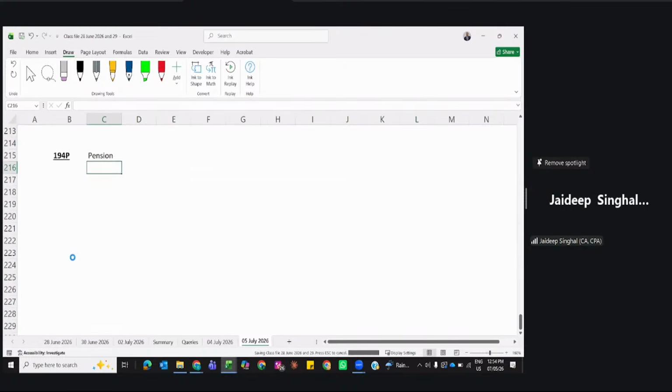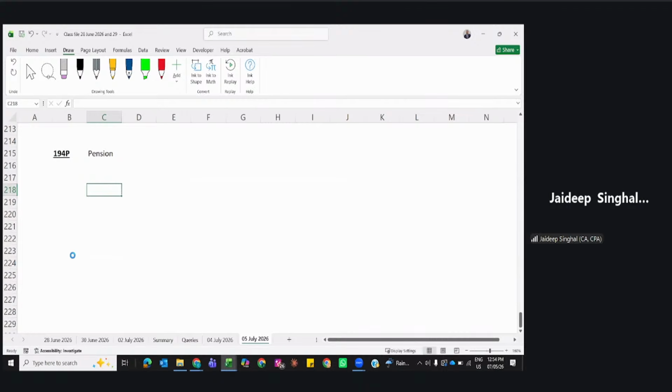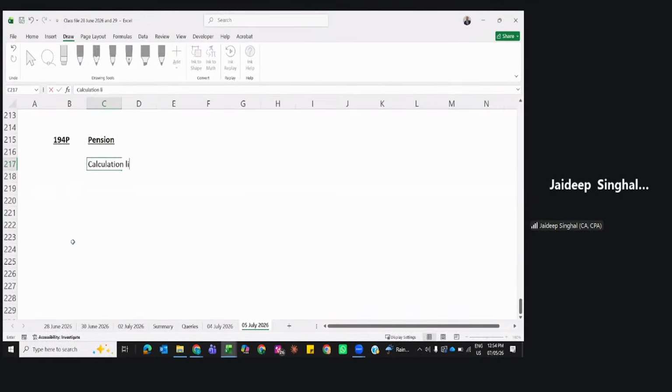If you are receiving pension, the calculation is like you do in section 192, salary. Calculations in this section are like salary. They say this is only for senior citizens, and if you are receiving pension and your pension is less than the basic exemption limit, then there is no TDS.